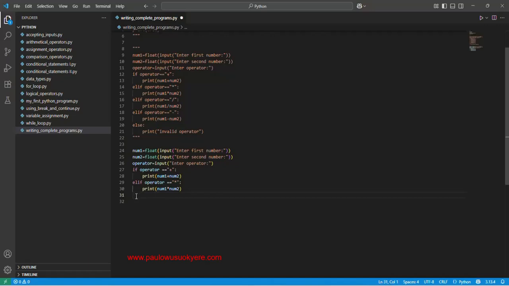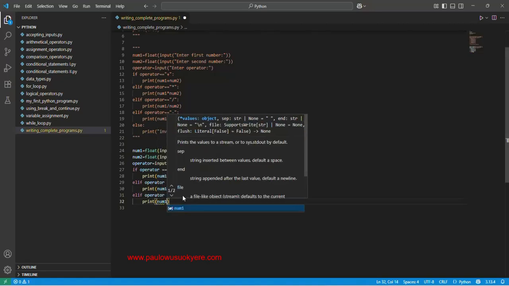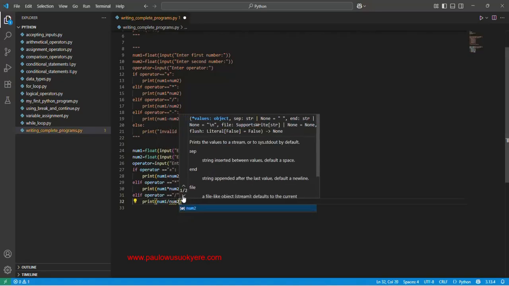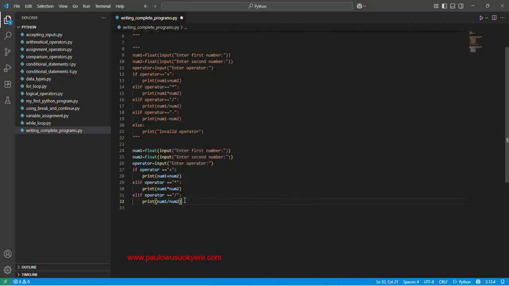Then you type elif again, which is else if operator is division, bring quote, then print num1 divided by num2. Okay, press enter, backspace.